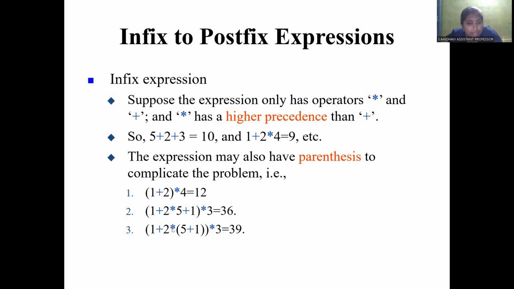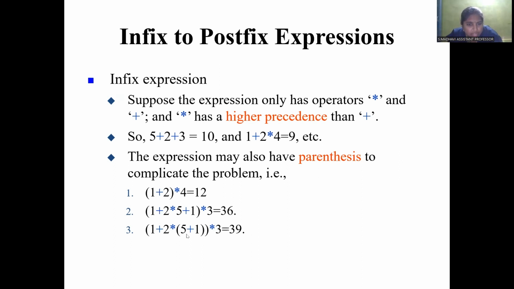Next, there will be cases where you have multiple parentheses. If you have more than one parenthesis, the inner parenthesis must be solved first before evaluating the outer parenthesis. According to this rule, here we have 5 plus 1, which is the inner parenthesis expression, so we have to solve this one first. 5 plus 1 is 6.